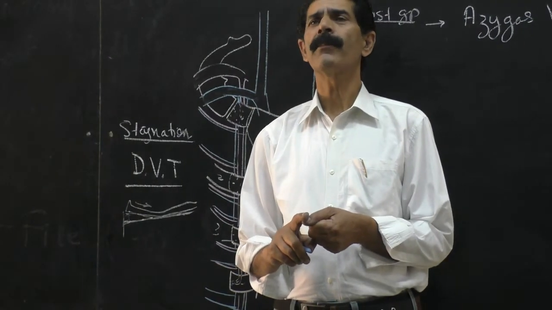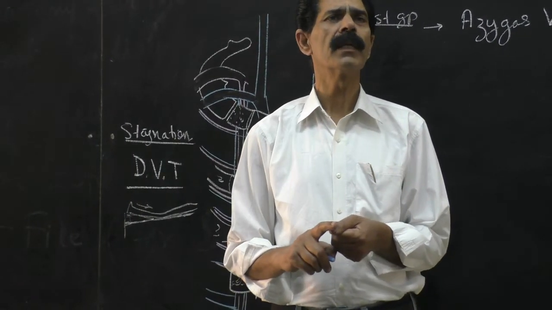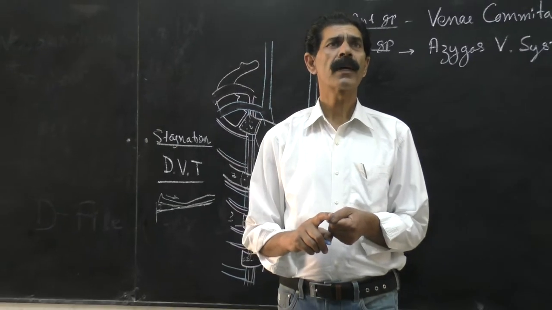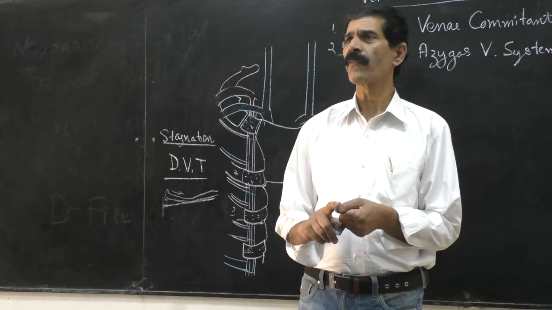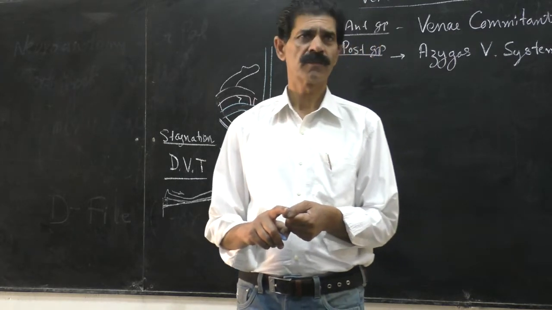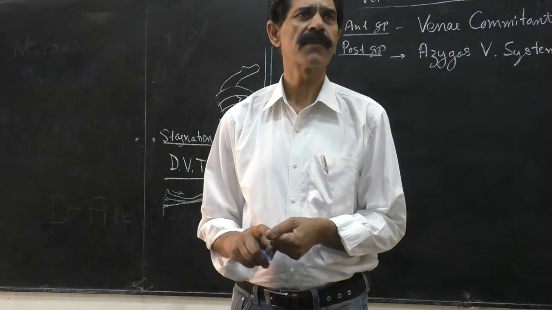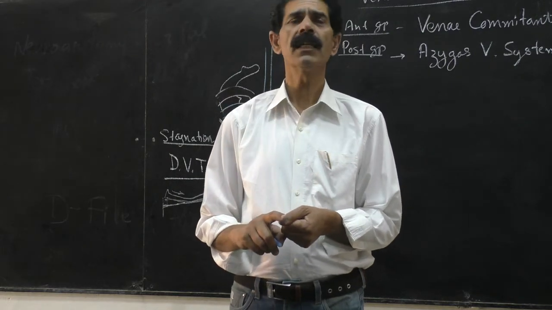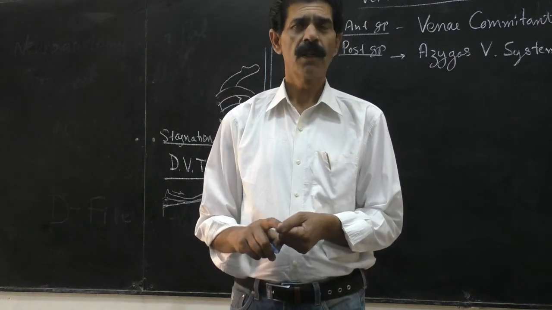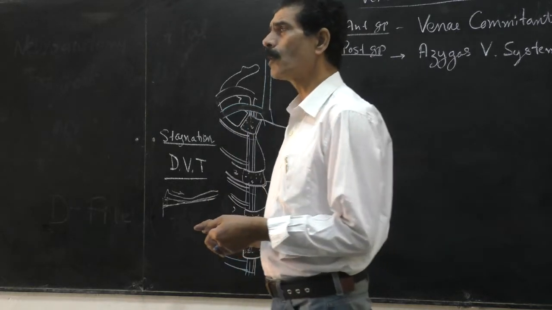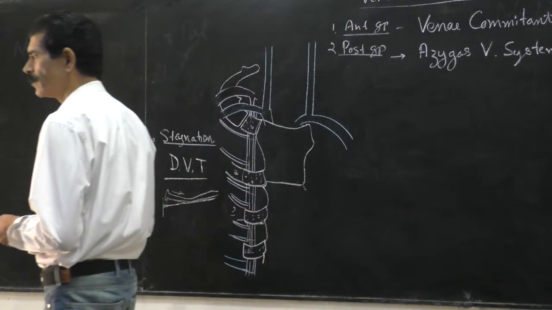Superior vena cava brings the impure blood from the upper half of the body. If you know the definition of the superior vena cava: superior vena cava is made for the venous drainage of the upper half of the body and the inferior vena cava for the lower half. Lower half of the body includes lower limb and the abdomen only.